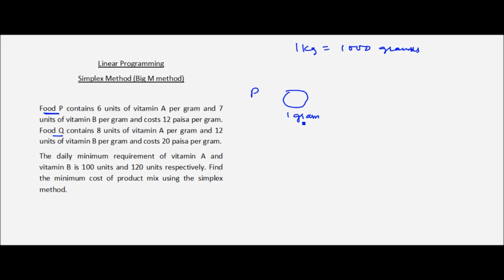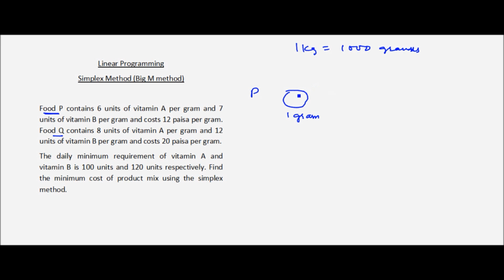Now each gram of food P contains 6 units of vitamin A. Now unit means any unit of measure. It can be 6 milligrams or any other unit.